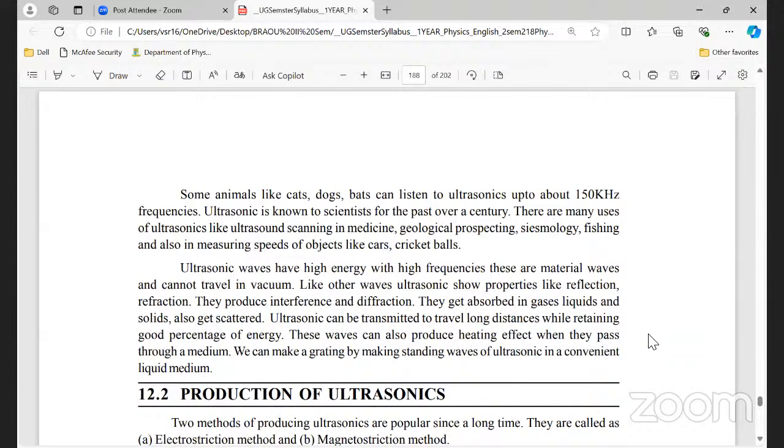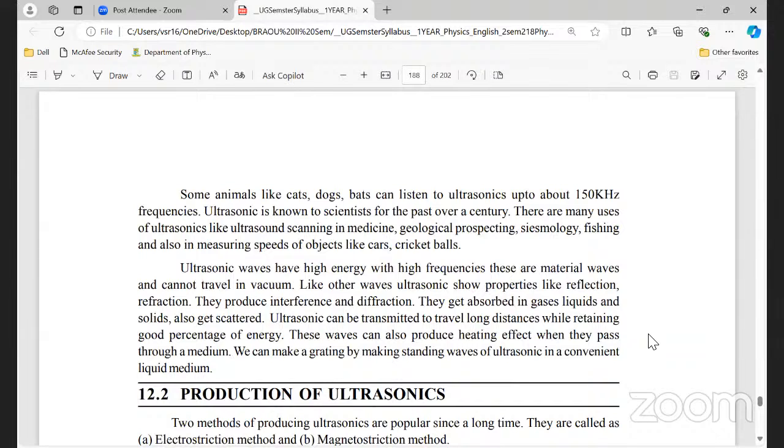There are many uses of ultrasonics, like ultrasound scanning in medicine. If something happens in your digestive system, how do they identify it? By ultrasound scanning.